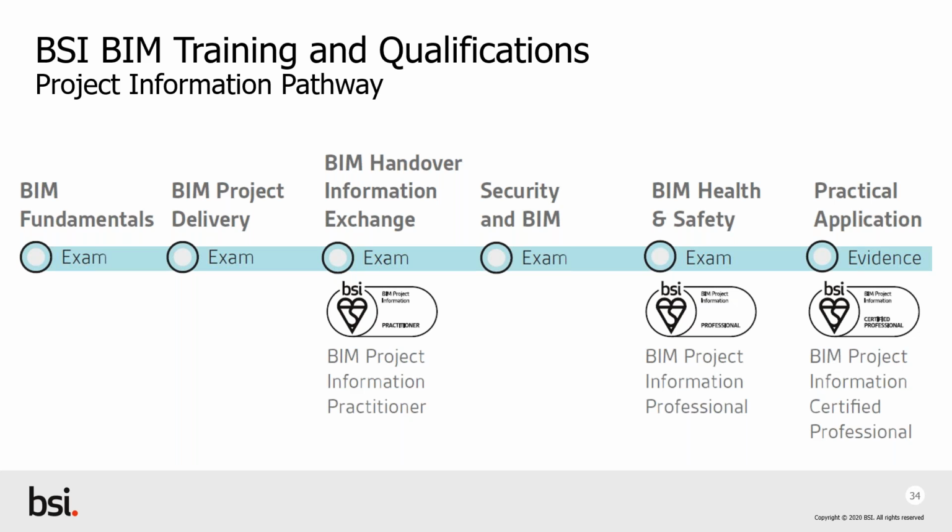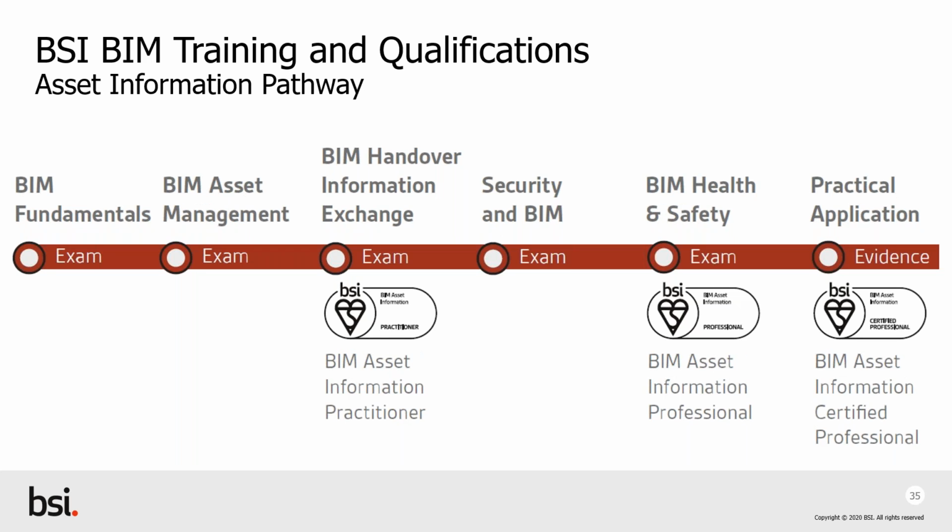If you're interested in learning more about this, feel free to contact us, and we can share more details. Similarly, we have a pathway for asset management and facilities management businesses, and they can gain the BIM asset information practitioner, professional, and certified professional qualifications.